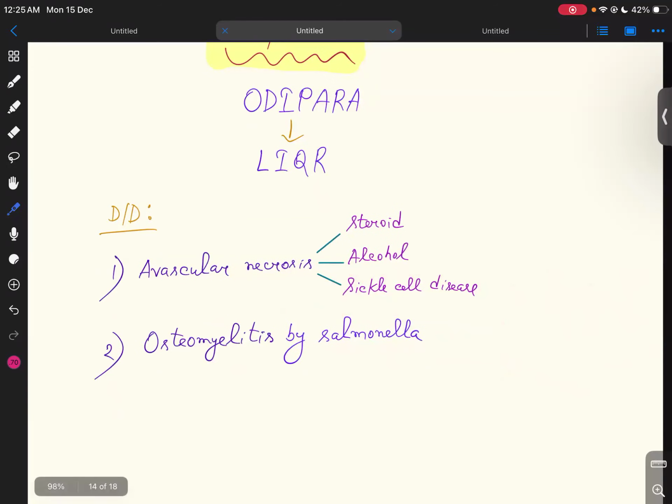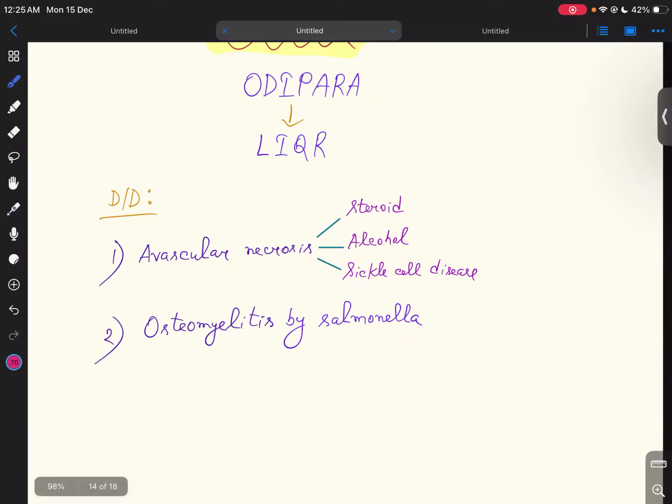Another differential diagnosis will be osteomyelitis due to salmonella. So it came as a differential diagnosis in the Middle East. The scenario was the patient was a diagnosed case of sickle cell disease, and recently she had some loose motion. After that, she is having this hip pain.